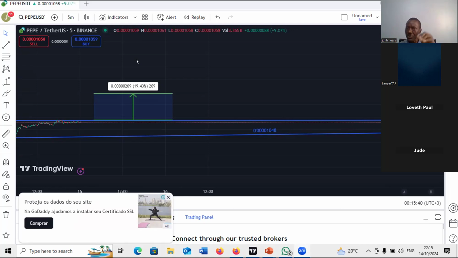So if you want higher percentages, go for a higher time frame, regardless of whether you use the flag, the wedge, or the trend lines. But the secret of all this is trend lines, trend lines, trend lines. So please do as much as you can on your own on trend lines. Okay, back to you.